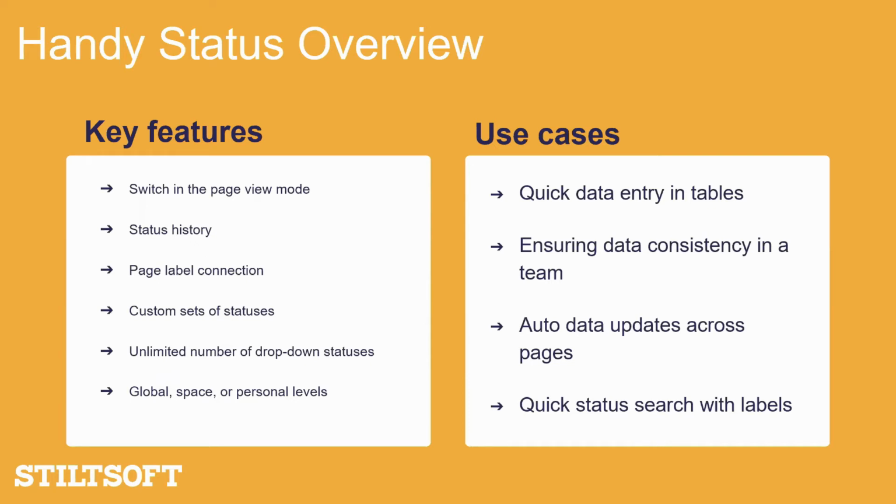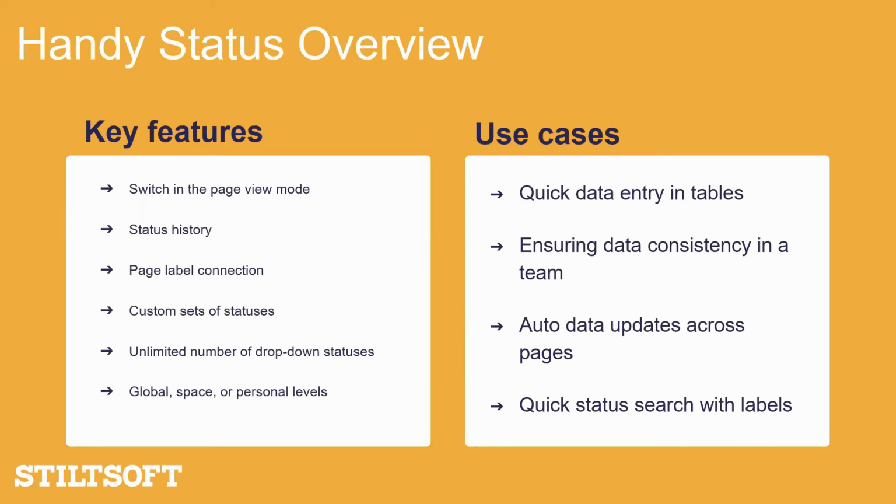Our macro allows you to create custom sets of statuses. The number of them is not limited, so it's up to you how many you need. And what's great about this is that they can also be distributed among levels. For example, your Confluence admin can create global status sets.